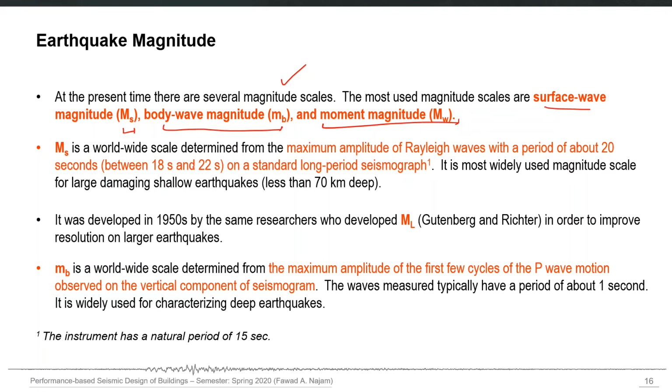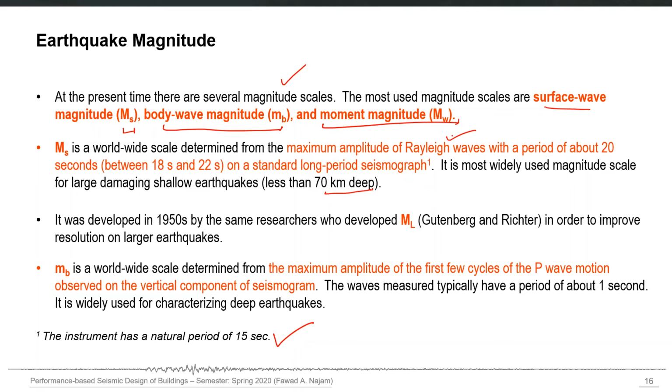MS is the worldwide scale determined from the maximum amplitude of Rayleigh waves at the period of about 20 seconds, between, you can say, 18 seconds and 22 seconds, on a standard long period seismograph, which has a natural time period of 15 seconds. It is the most widely used magnitude scale for large damaging shallow earthquakes less than 70 kilometers deep. I mean, the hypocenter is located less than 70 kilometers.